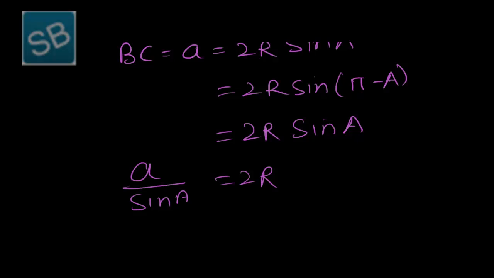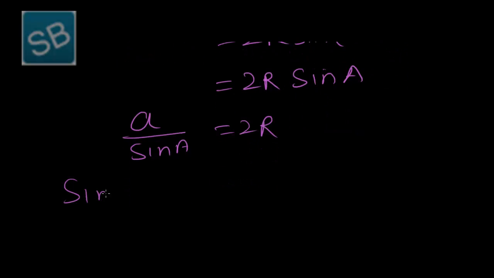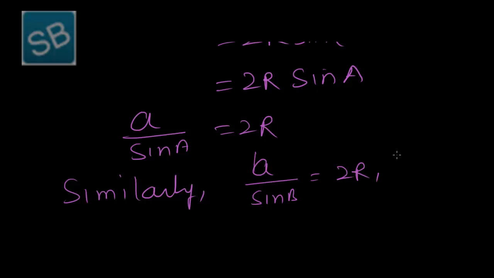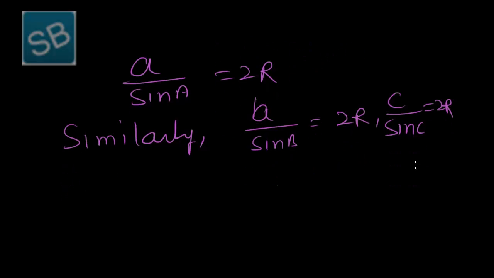So in each case, or similarly, we can prove B over sine B is equal to 2R and C over sine C is equal to 2R when B and C are angles lying between pi by 2 to pi.